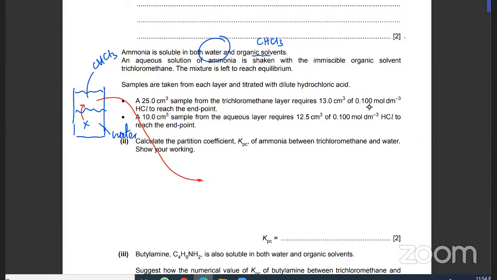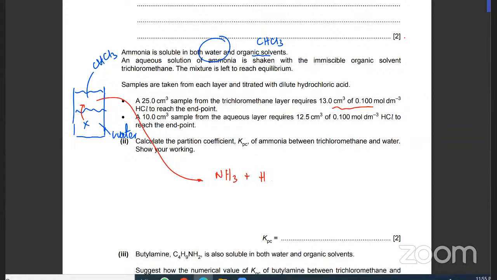So can you figure out the moles of HCl? Can anyone tell me what this is? 13 times 0.1 divided by 1000. What's 13 times 0.1 divided by 1000? 1.3 times 10 to the power minus 3.